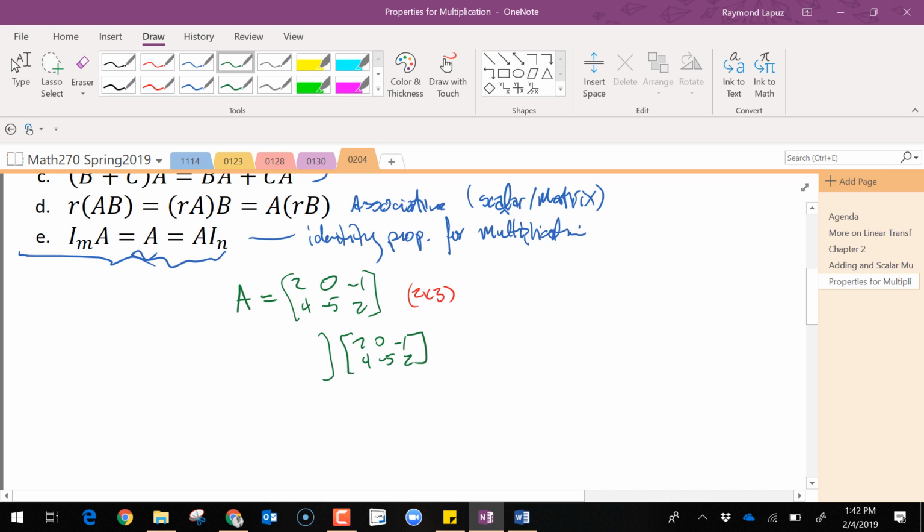Identity matrices are always square matrices, so it has to match with this. This should be a 2 by 2: 1, 0, 0, 1. If you do this multiplication, I encourage you to just work it out. This should be equal to 2, 0, minus 1, 4, minus 5, 2.